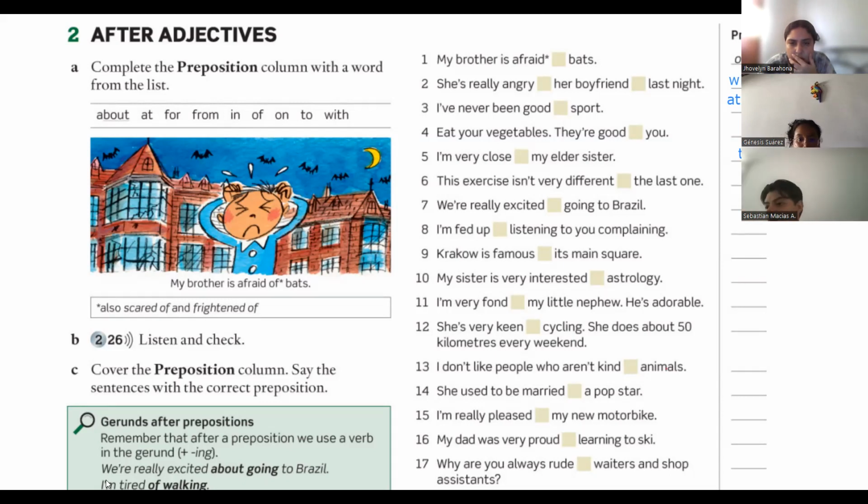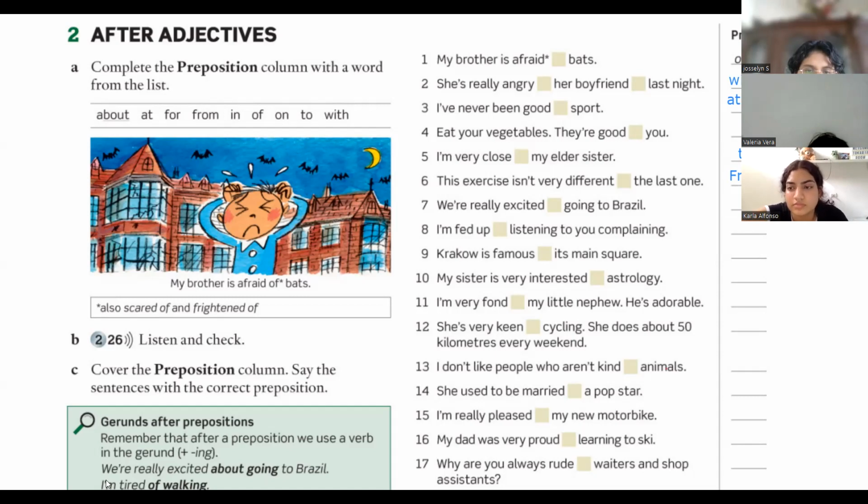Genesis, 7. We are really excited about going to Brazil. Very good. About. Where are your answers? Let me see. Carla, 8.